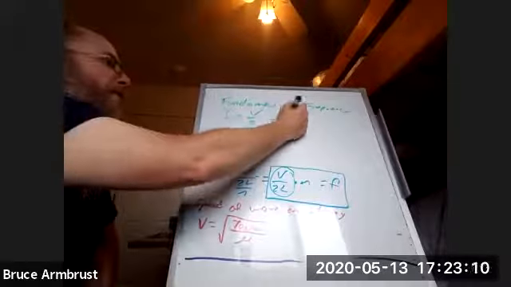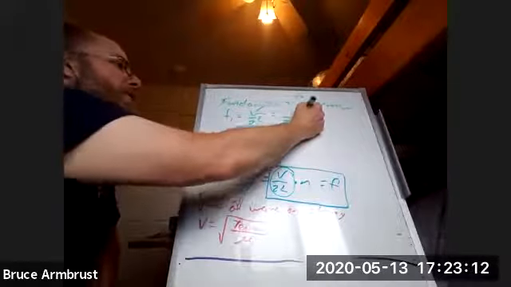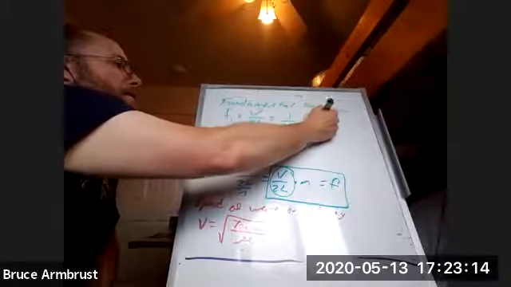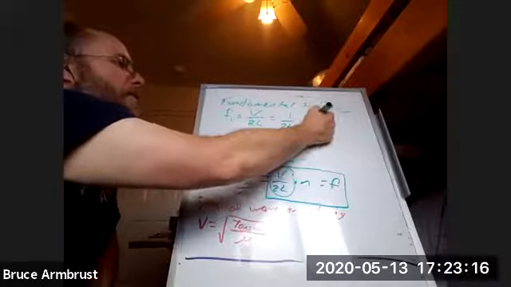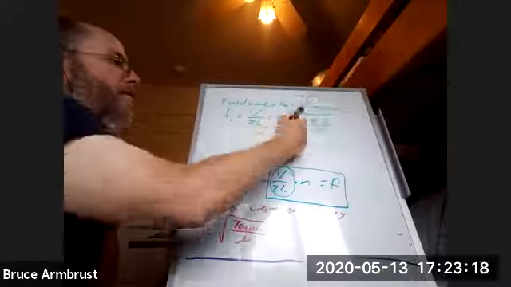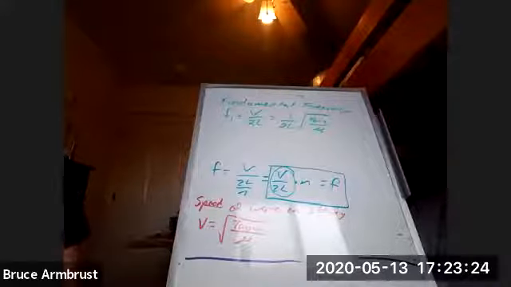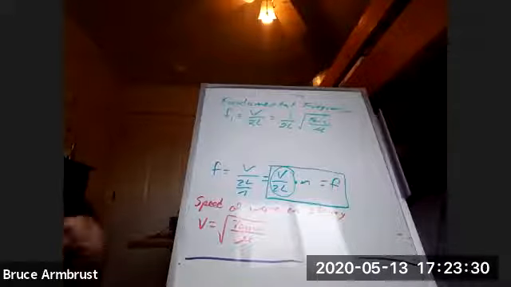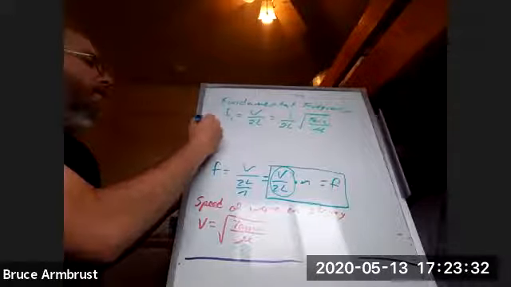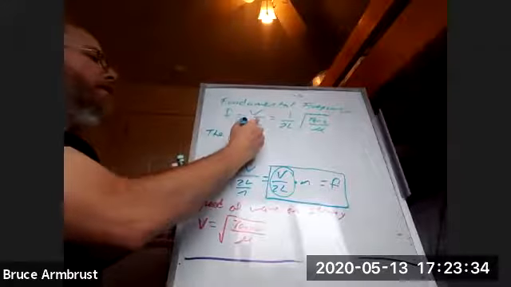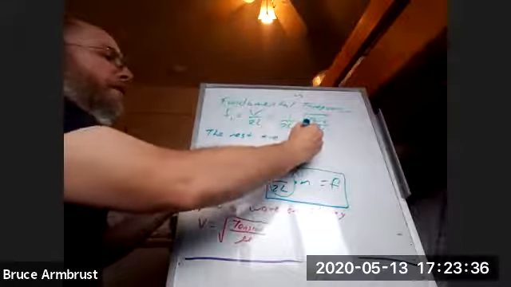Or if you want to include that tension and mu, right? So either way you want to think about it. But that is your fundamental frequency. All the other ones are what we call harmonics. Okay, so the rest, we call them harmonics.